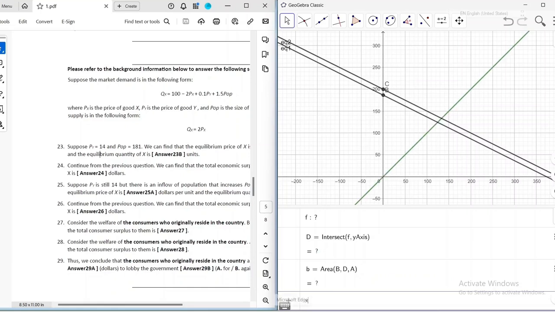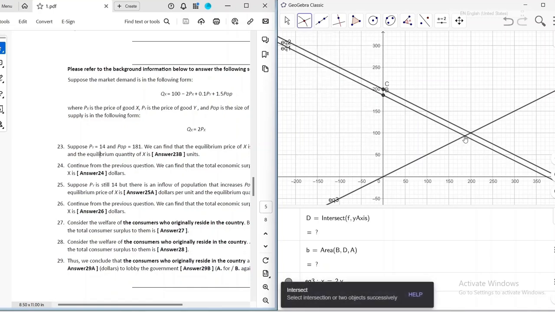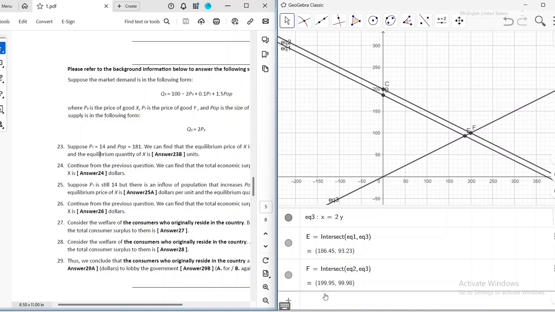Now I need supply relation, x equals 2y. Okay, now let's find out these intersections. Okay, now in order to find out the consumer surplus, I need one more horizontal line.